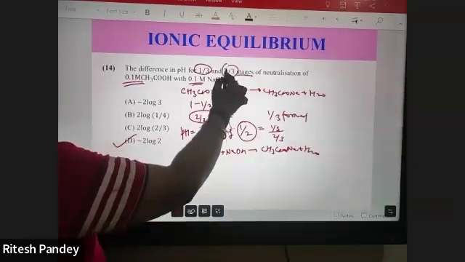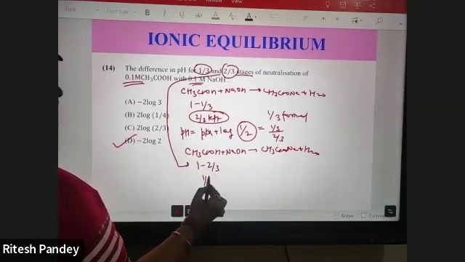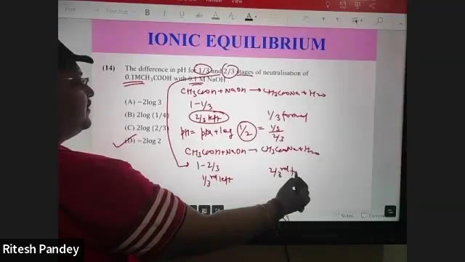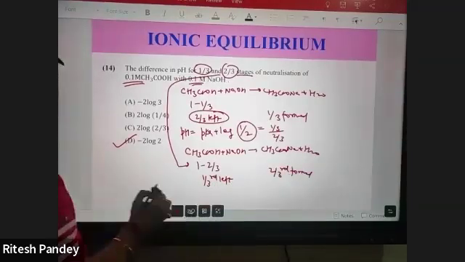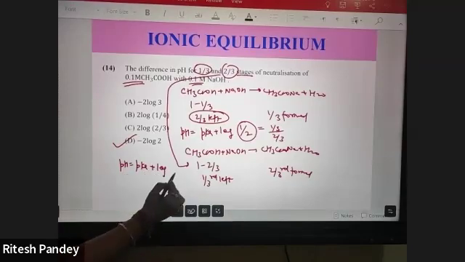And 2/3 stage would mean it has got over by 2/3, which is 1/3 is left. And if 1/3 is left and 2/3 is formed, then I would believe the value of pH is equal to pKa plus log of 2/3 upon 1/3, which is log 2.